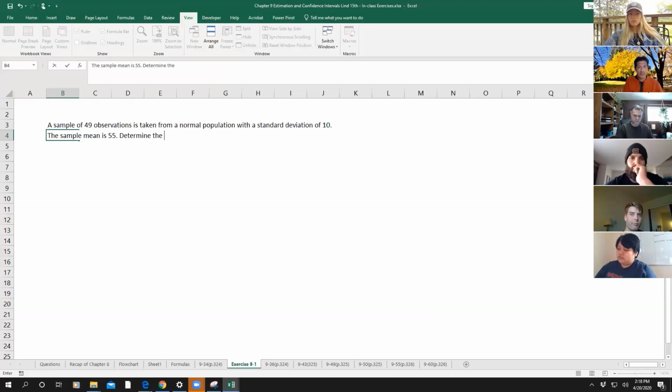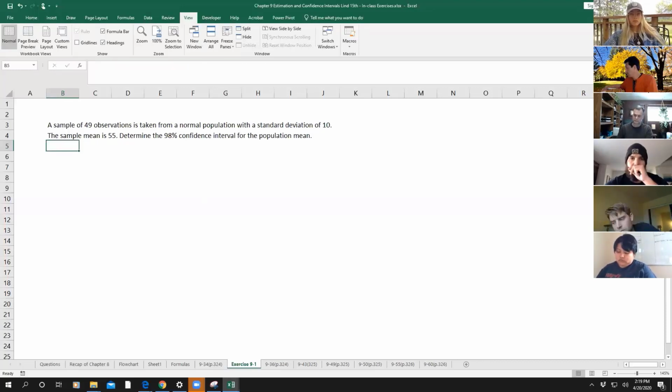Determine the confidence interval. I'm going to change this, instead of the 90, 95, and 99 we already know, to a 98% confidence interval for the population mean.